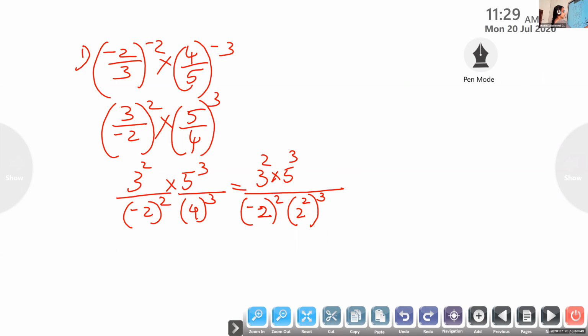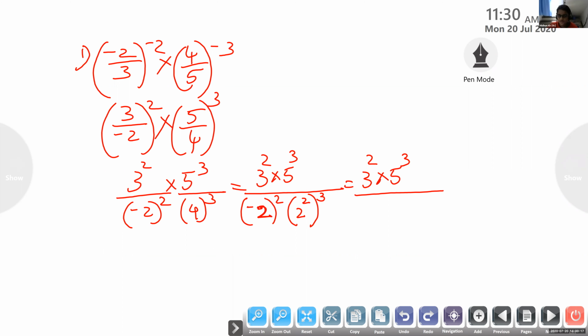So next, 3 raised to 2, 5 raised to 3 divided by what? Anything can we do here? Negative 2 the square. Negative 1 into 3. Negative 1 into 3 raised to 2.